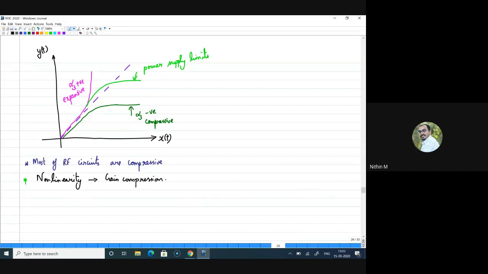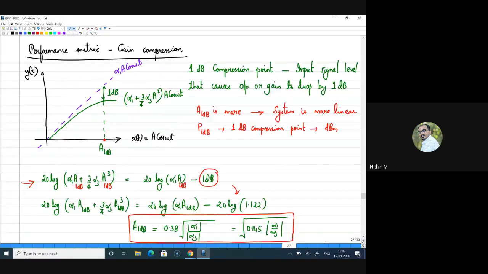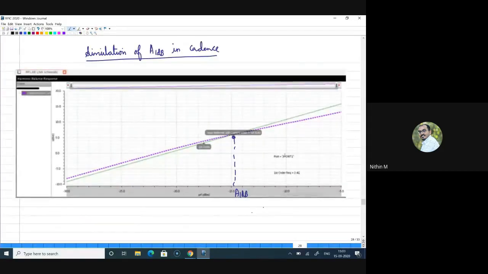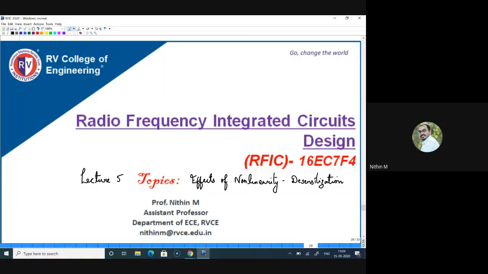Since this is an effect of nonlinearity, we introduced a performance metric to characterize it, the 1 dB compression point. We obtained a mathematical expression for that, and also saw how to simulate this in Cadence. We obtained the 1 dB compression point referred to the input side in this form. Now in today's class, we will continue this discussion of nonlinearity.